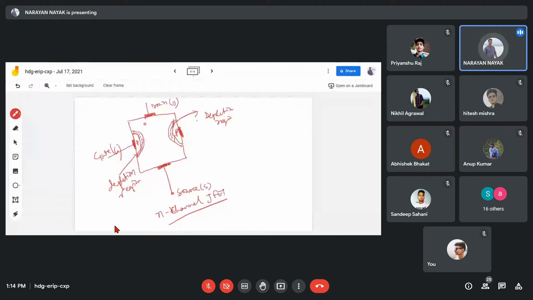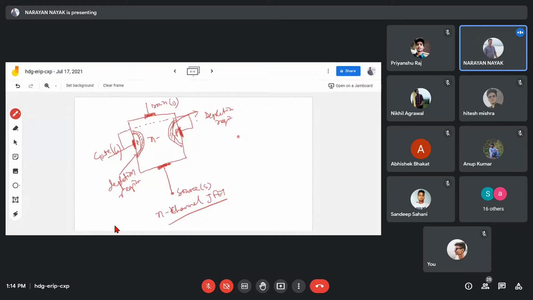Okay, so in the N-channel JFET, the major part of the structure is N-type material. This is the N-type material. Okay, understood. Now here, this is a gate, and there is a connection between input and output. Okay, and so this is your N-channel JFET. Why? Because the major part of the structure is N-type material.